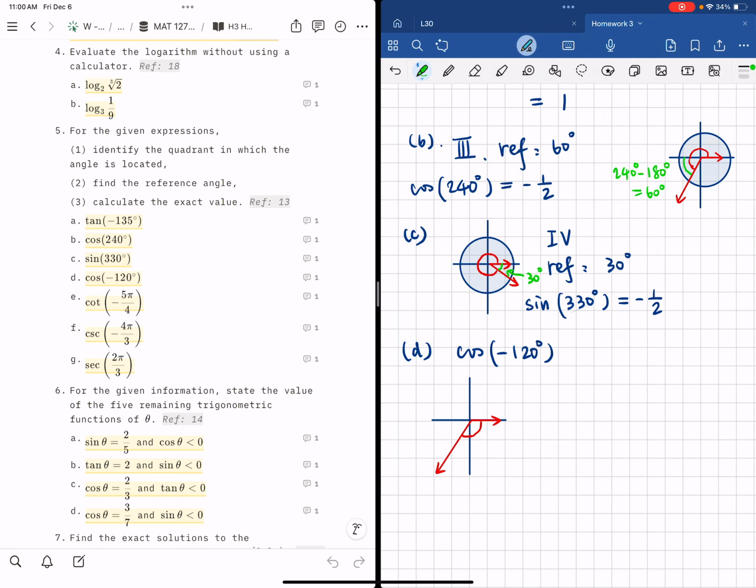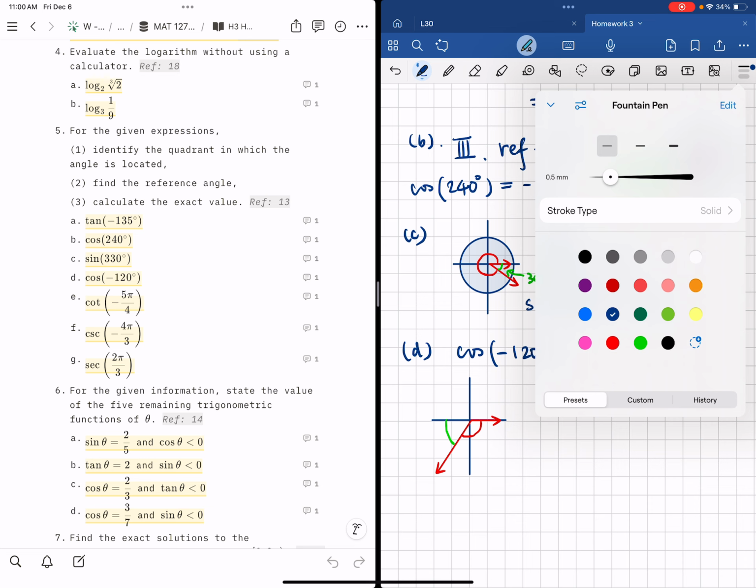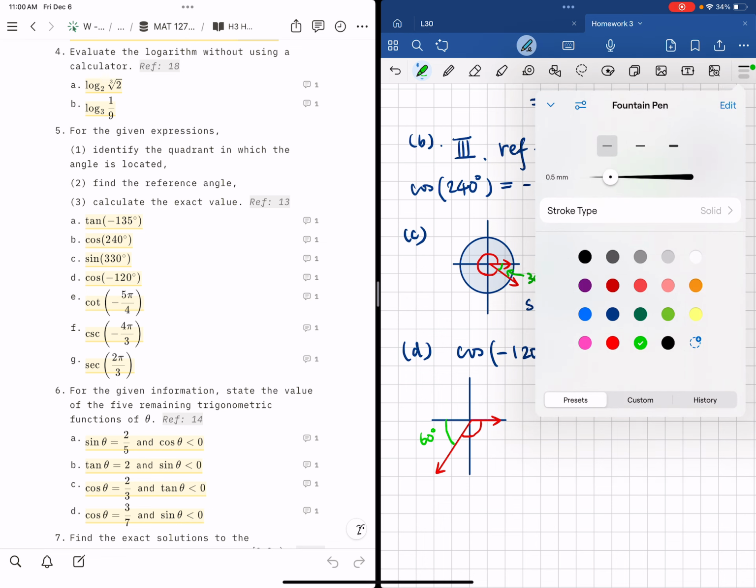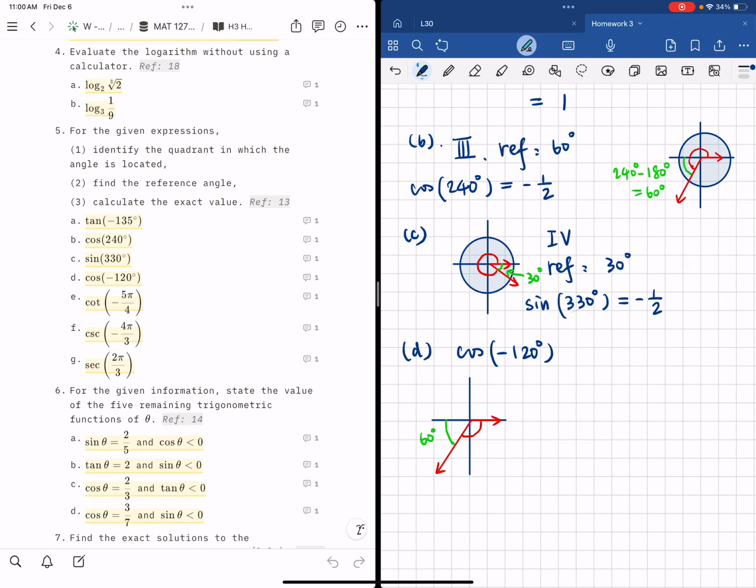And then the reference angle will be this one right here. And the angle measurement will be 60 degrees. Let's write down the quadrant. Quadrant is quadrant 3. And the reference angle, as you can see, it's 120 over 90, so that's 30 degrees. So that's why that's 60 degrees.